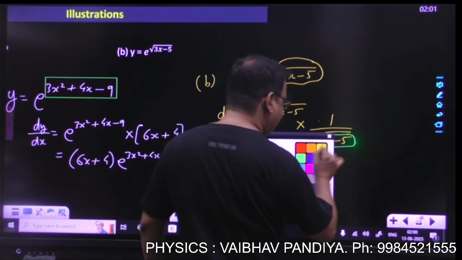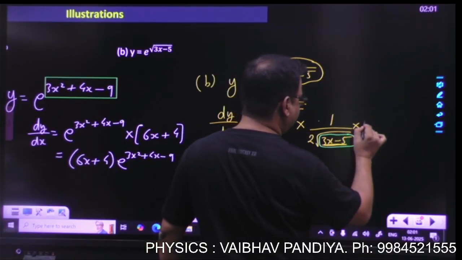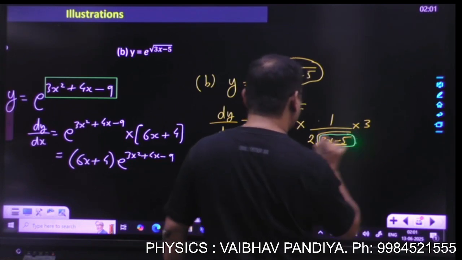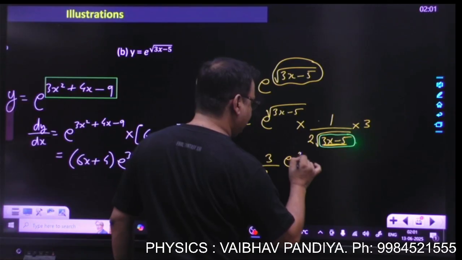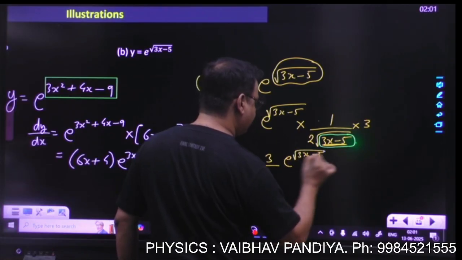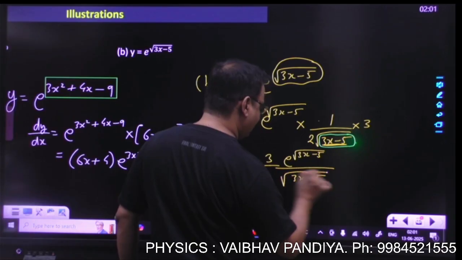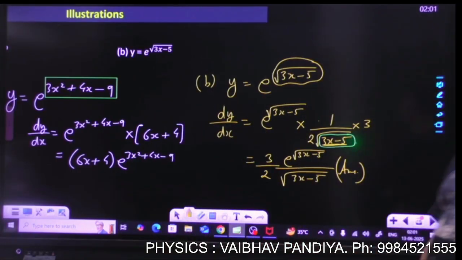So we have to multiply again with the derivative of the argument of this root. So 3x minus 5 will have a derivative of 3. 5 will have no derivative, 0. So your answer will be 3 by 2 e to the power root of 3x minus 5 in the numerator and root of 3x minus 5 in the denominator. This is your answer. Got it?